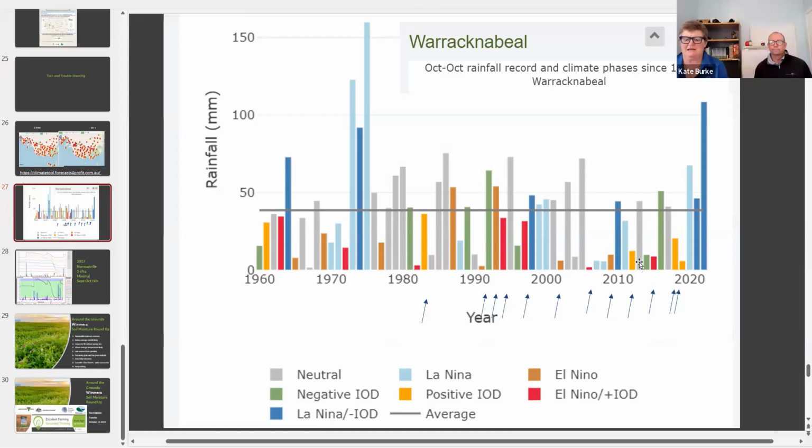And particularly in the last decade, when we have positive IODs, either the orange or the red graphs, they have been pretty skinny on October rainfall.